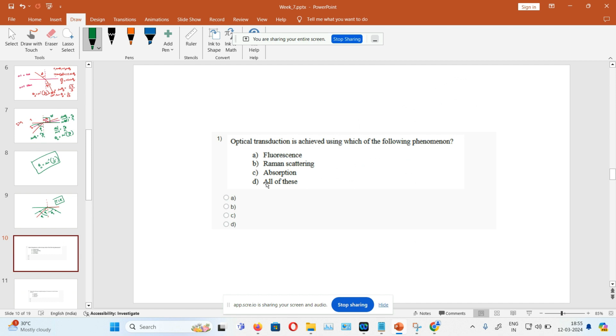So what is meant by transduction, or the transducer? In order to detect a particular stimulus or a particular physical property, something is needed which will interact with that physical property and convert it, so that some changes will happen which we can detect.